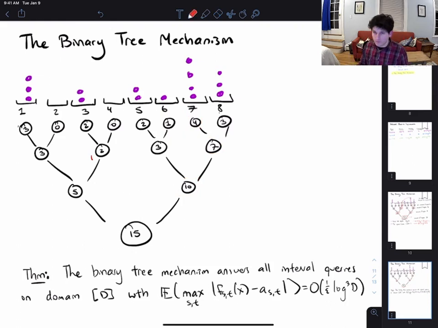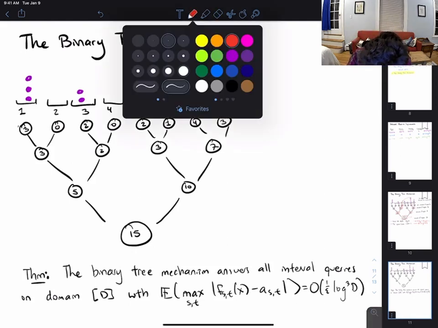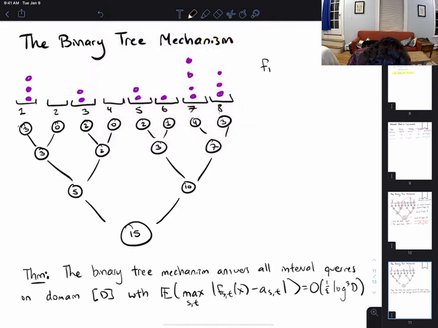So, all right, how am I going to get the answers to queries that I don't already know the answer to? Well, suppose I want f1 through 7. I'm going to start by only thinking about queries of the form 1 comma t, because as we said, if I can do all the queries of the form 1 comma t, I can combine 2 of those to get queries of the form s comma t.